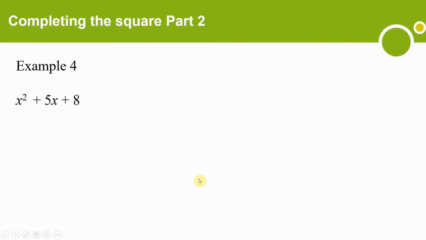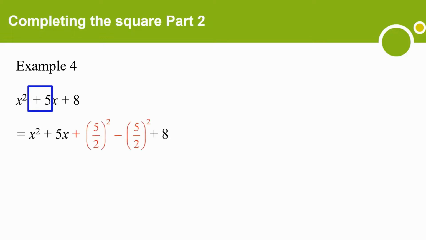So for example 4, this example is a little bit different because the middle term is not an even number. That means we will have a fraction. So don't worry, we just follow the steps as usual. So we write again 5 divided by 2, right? Square it, and minus 5 divided by 2 squared.